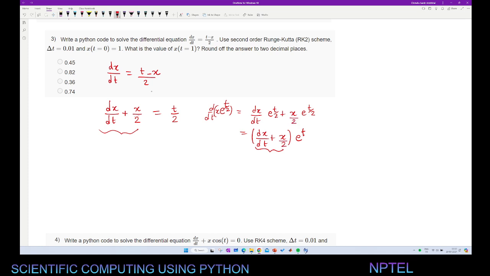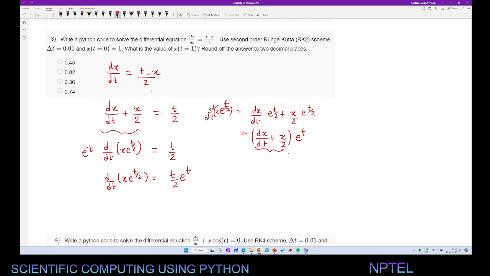Okay, and now this is exact, which means we can write this as d by dt of x times exponential of t by 2, and outside we have exponential of minus t, equal to t. So now d by dt of x e to the power t by 2 is equal to t times exponential of t by 2.